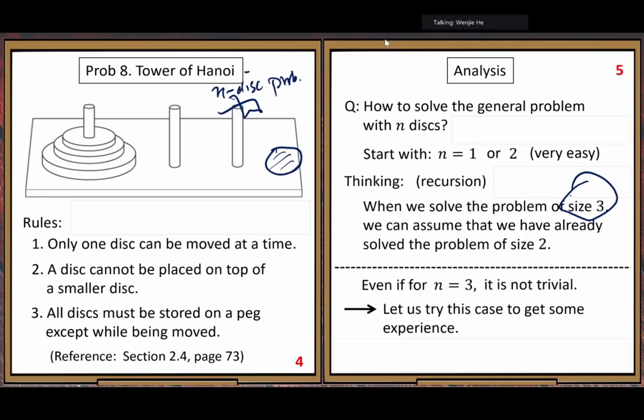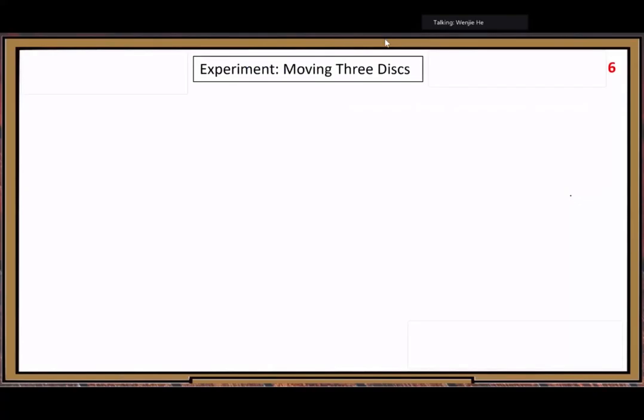Too messy. We get lost. So due to that reason, we want to do the experiment on paper, on a board. Here, we need to use a diagram to show step by step moves.